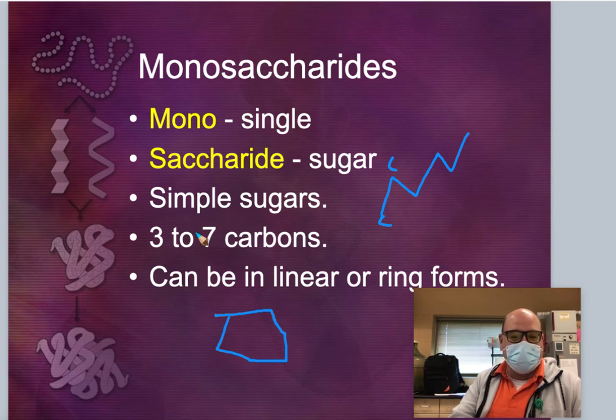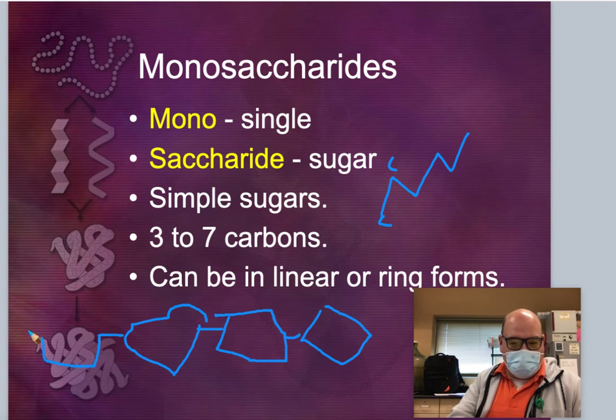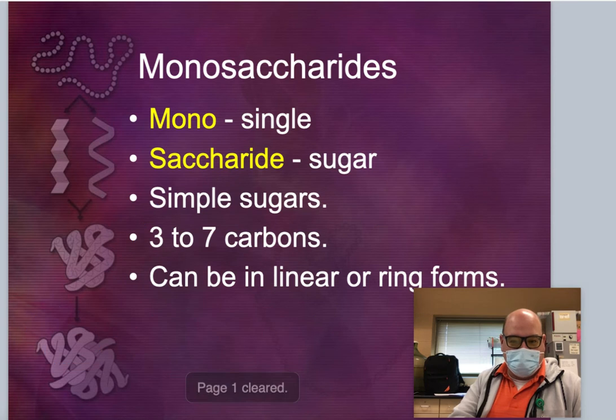And a lot of times they're rings, and the rings will join together. So if you see these little shapes on these rings, we're going from monomers to polymers. So monomers are the individual links in the chain. Let's wipe that and take a look at some of these.